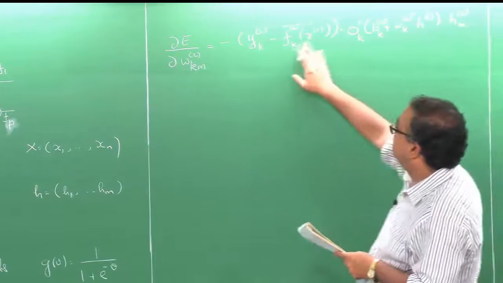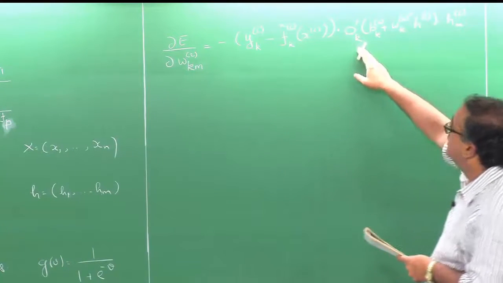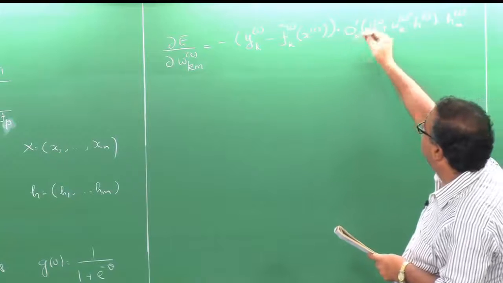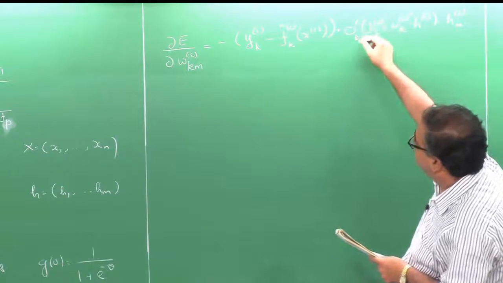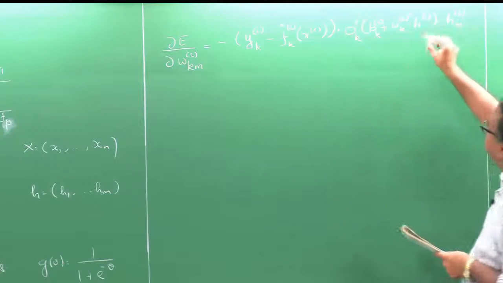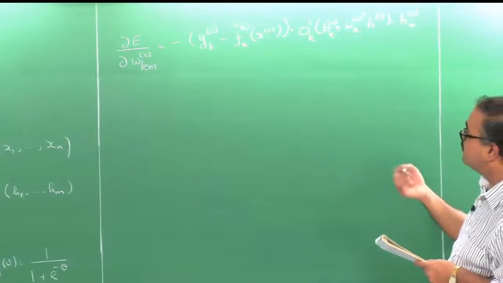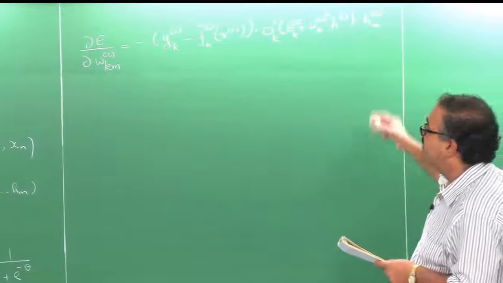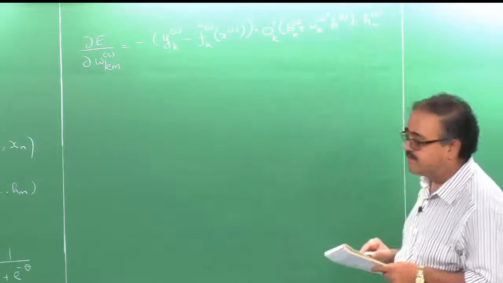So, that is essentially our error times the derivative of the output function of the kth neuron with respect to the input that it receives, times the input that is coming on the mth line, which will be h m i.